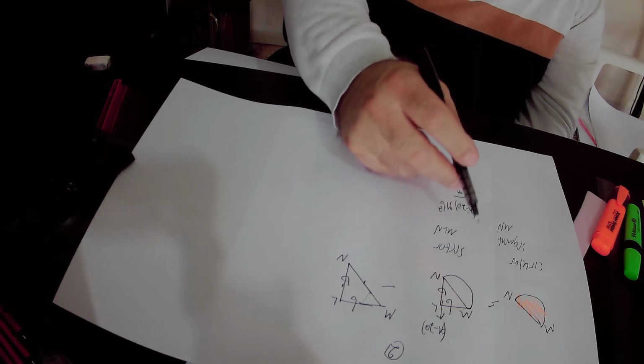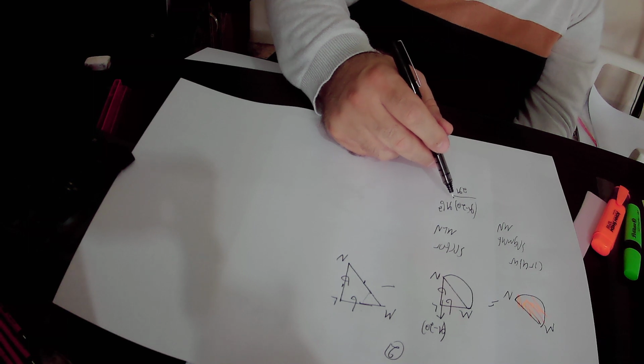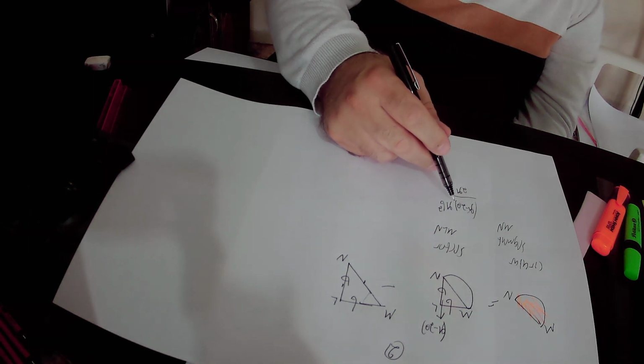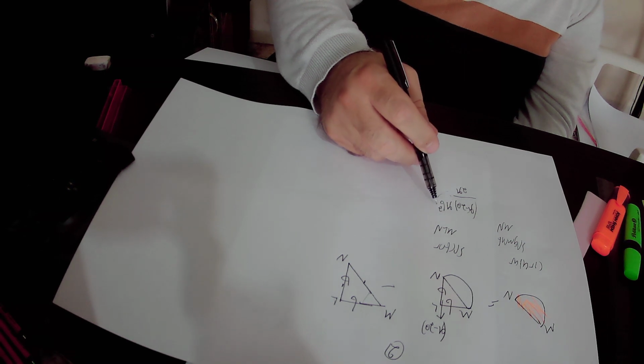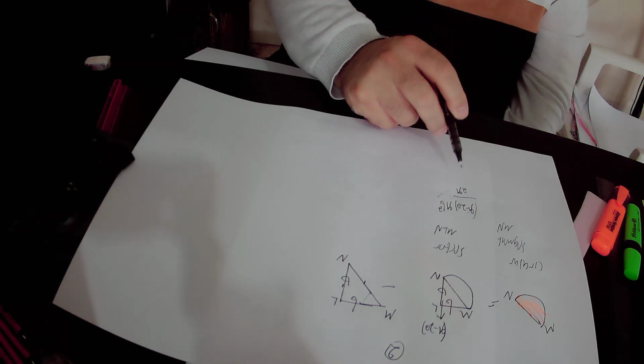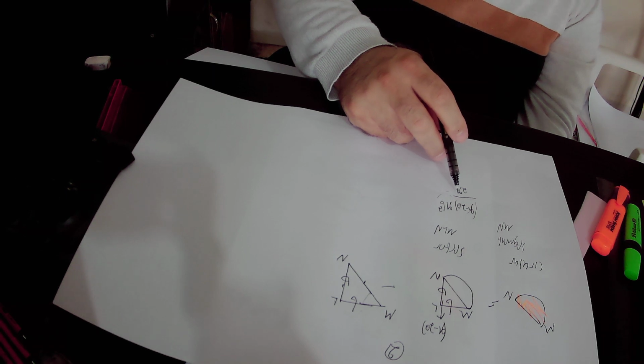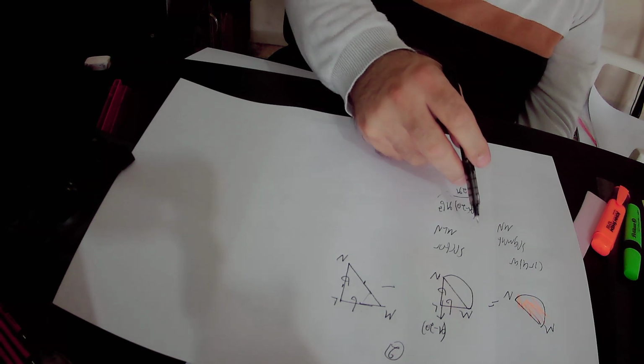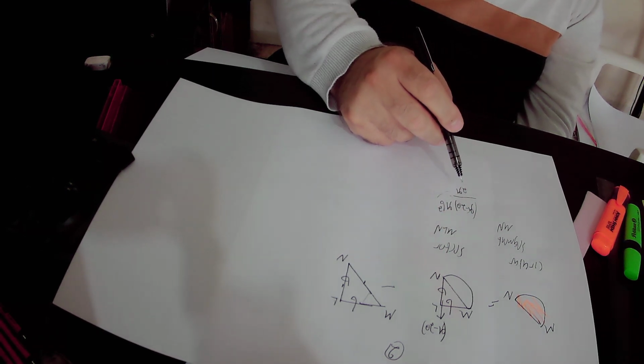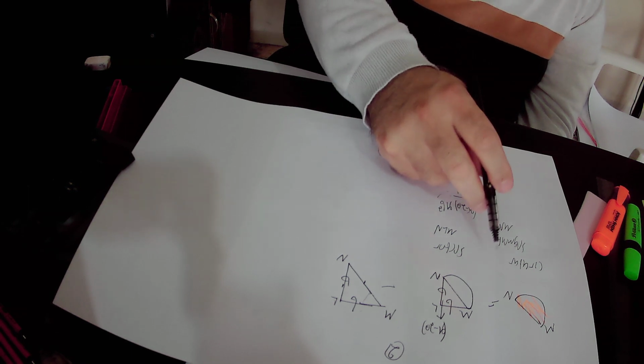If the area of the circle is pi b squared, when we multiply the area of the circle, pi b squared, times the percentage that this sector occupies, it will give us exactly the area of the sector.